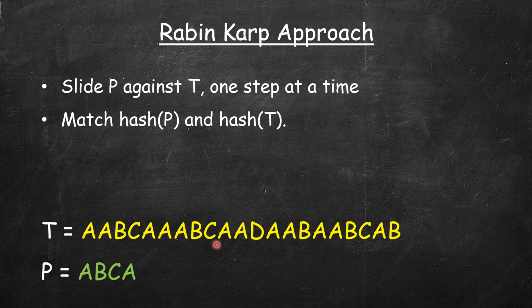So we have to define our hash function in such a way that it is the sum of a character multiplied by some constant plus the next character multiplied by some constant, so that we have a value. In the next step we will subtract one value and add one value. This we will call rolling hash, and we will see how we calculate that.